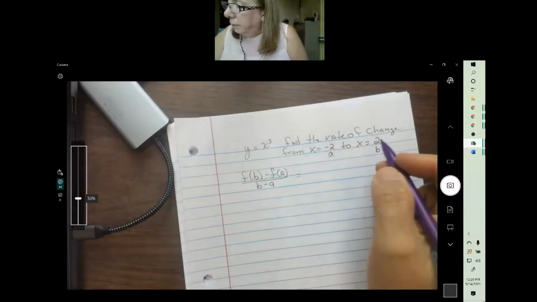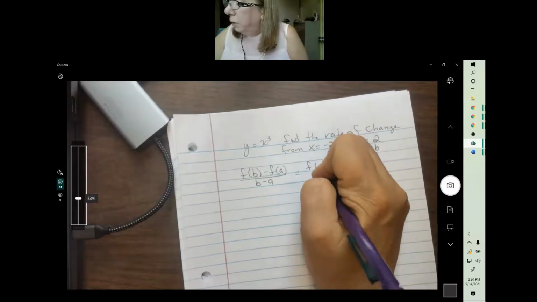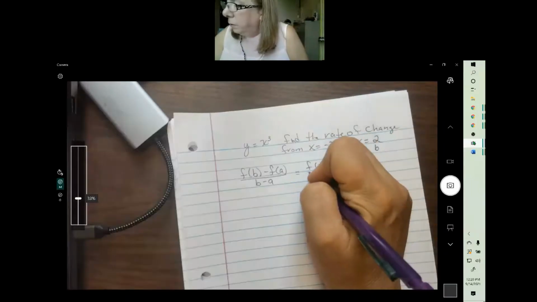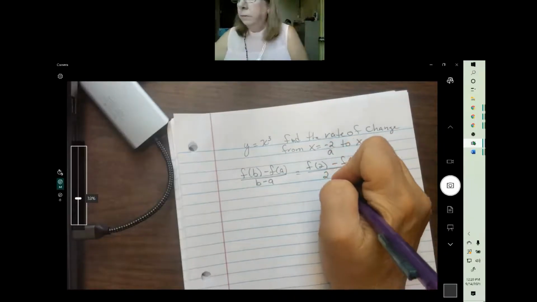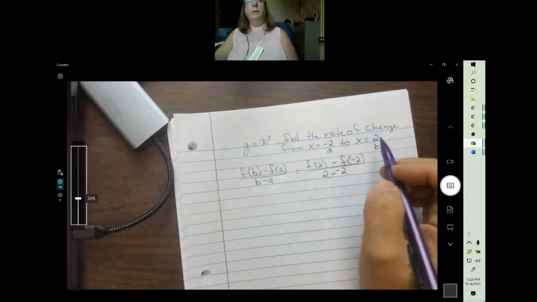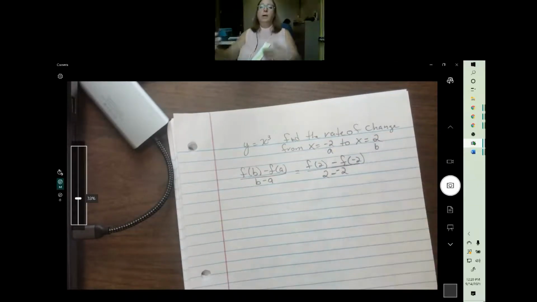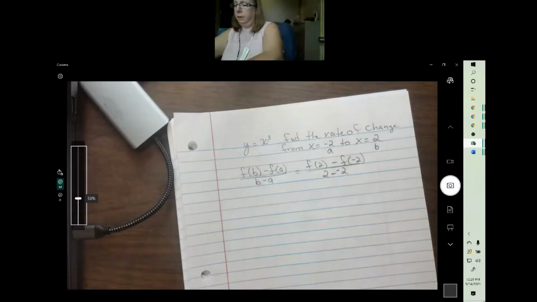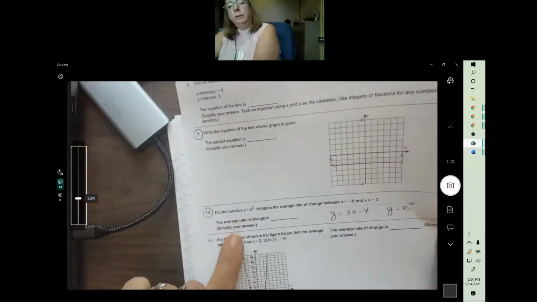So in this one, we would want f of 2 minus f of -2, over 2 minus -2, because those are the values that were given. That's why we used -2 and -6, and why we used x squared. That's what was given in this problem.